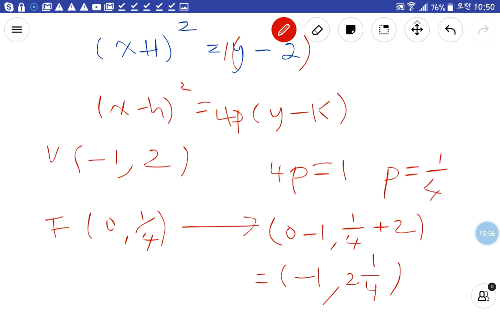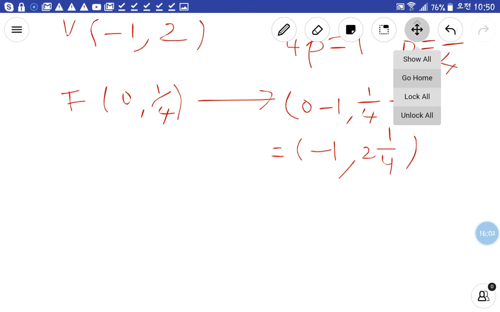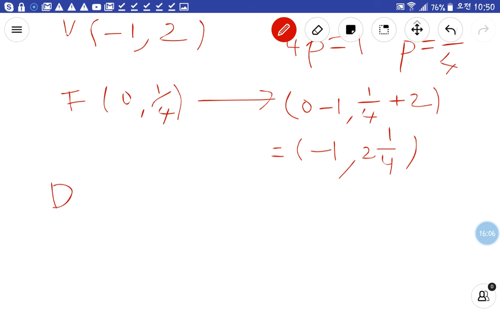Okay? Now what? You need to get your directrix from here. So think about your original directrix. Since this opens up or down, your directrix needs to be y equals negative p. That was your original directrix: y equals negative 1 over 4.